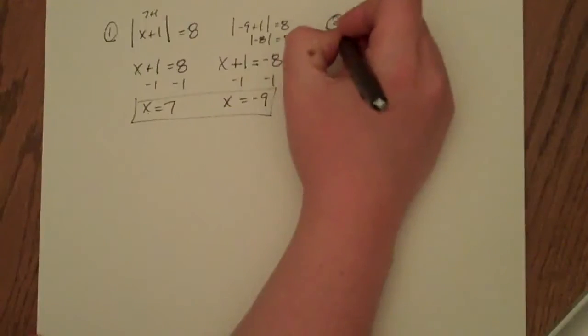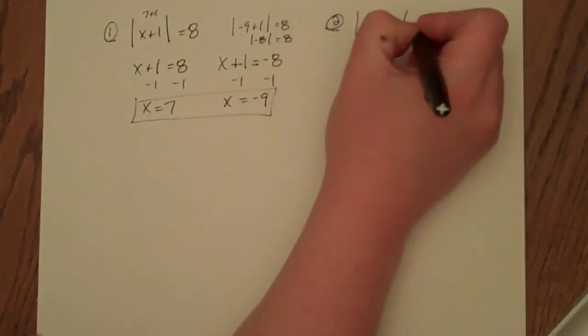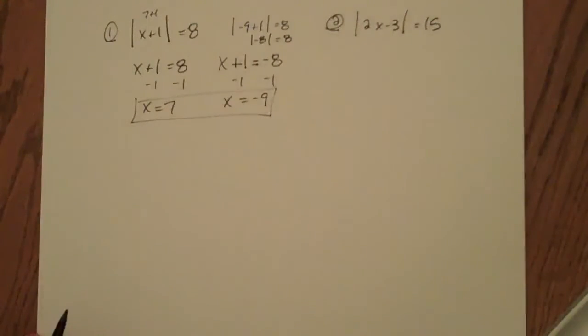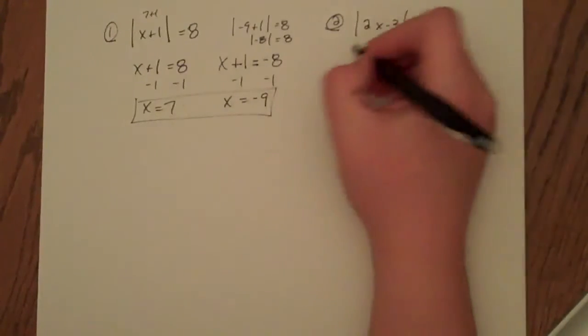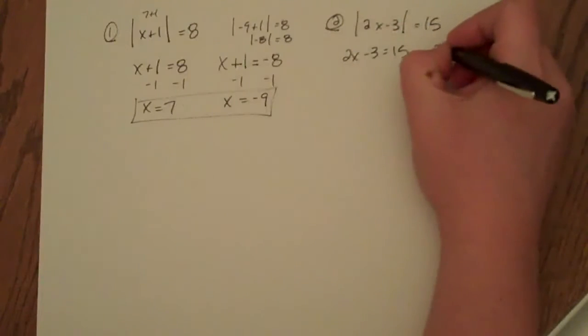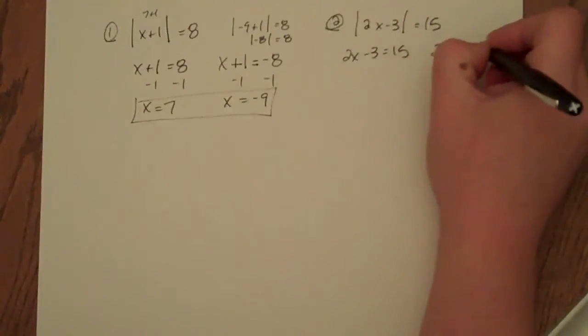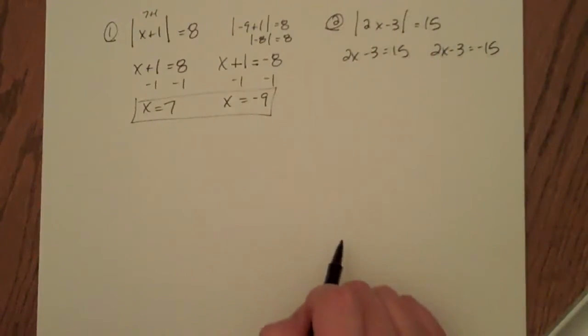We have the absolute value of 2x minus 3 is equal to 15. Well, in this one, we want to set up our two equations like we had here. We're going to do 2x minus 3 equals 15, and 2x minus 3 is equal to negative 15. And now we need to solve each of those.